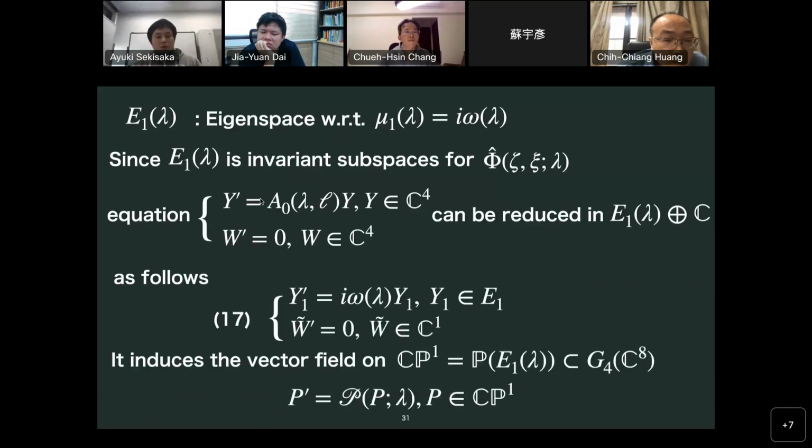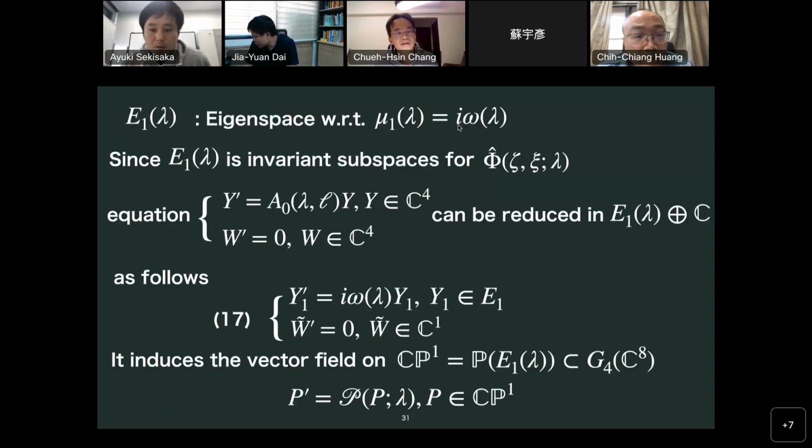Okay, in this setting, we define E1 as the eigenspace with respect to mu1. So you can understand there is only one eigenvalue which is pure imaginary, right? Yeah, mu1. So mu1 is pure imaginary. mu1 is the only eigenvalue with real part equal to 0.